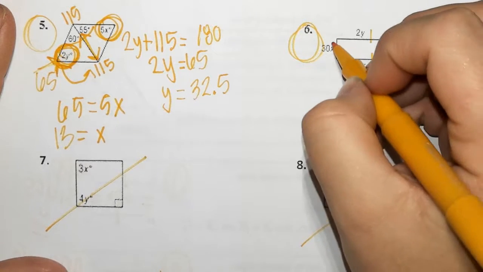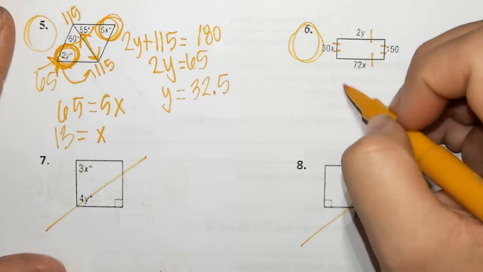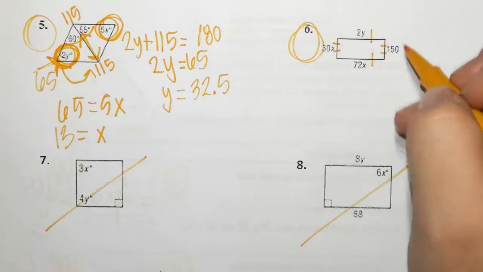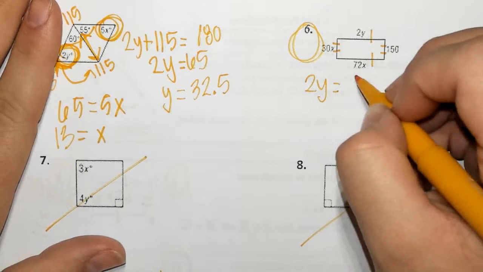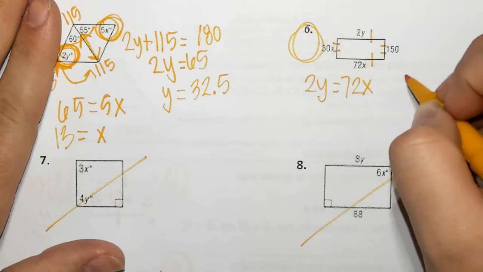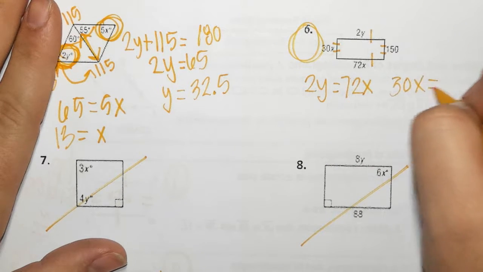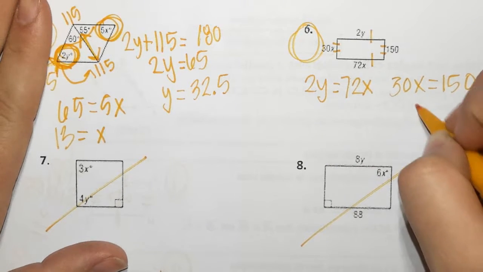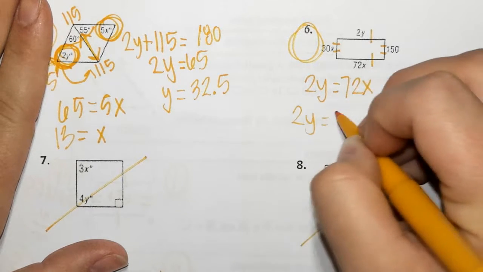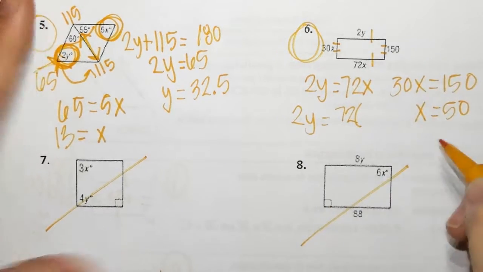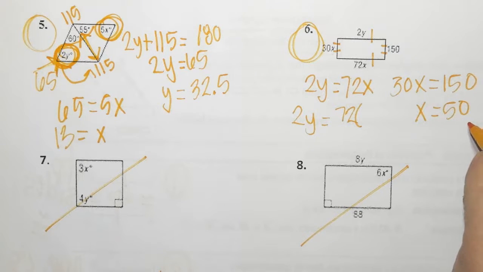What property is used on number 6? You have to name it, but what's the concept of it? Opposite sides are congruent. Uh-oh. I can't do this one first, can I? But which one can I do first?